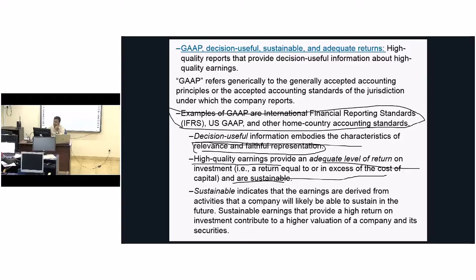Also, it should be sustainable. Sustainable indicates that the earnings are derived from activities that the company will likely be able to sustain in the future. So that means the earnings arise from day-to-day operating activities which can happen in the future as well. A little technical in this area.